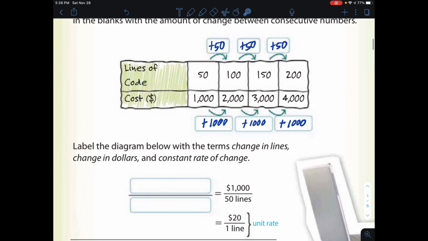So what it's saying is that for every 50 lines of code written, the cost would be $1,000. So that's the constant rate of change that we're looking for: for every 50 lines of code written, the cost is $1,000. And same thing here, for every 50 lines of code written, the cost is $1,000.